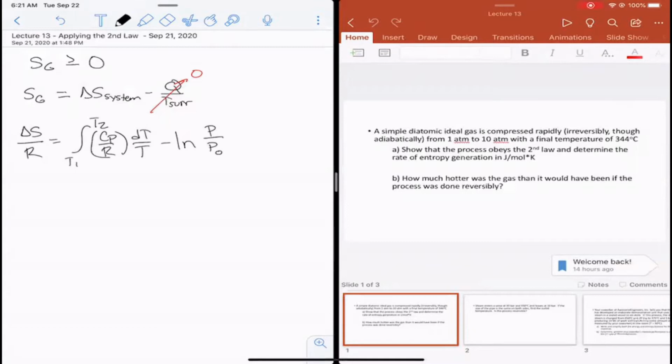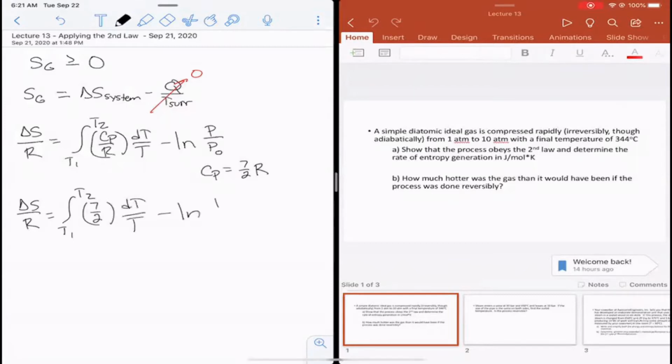And of course, in our case, the heat capacity for a diatomic simple ideal gas is just 7/2 times R. So this becomes delta S over R equals the integral from T1 to T2 of 7/2 R divided by R, which of course is just 7/2, dT over T minus the natural log of P over P0.